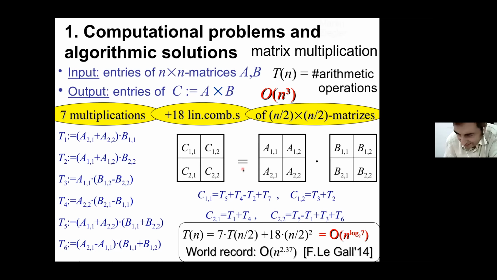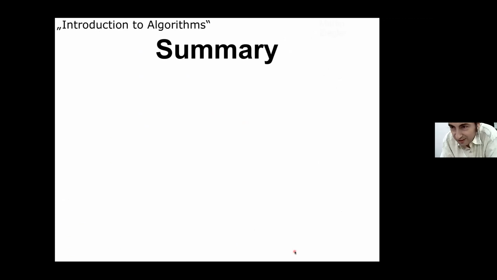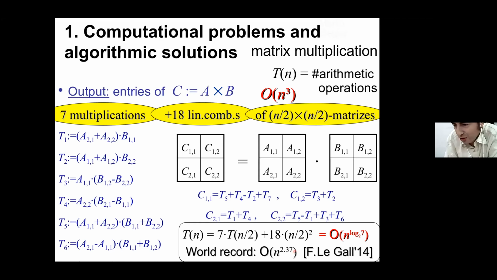And then there was this announcement that the current world record for lowest exponent of n is held by Francois Le Gall 7 years ago, which is 2.37. Okay, but the question is, is this optimal? It seems unlikely, but for example, one has not found a similar cascade of algorithms like for Cook's algorithm for matrix multiplication.